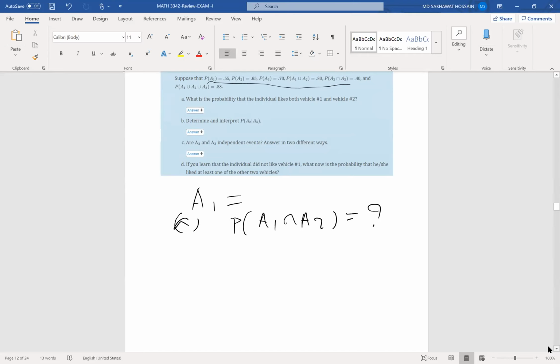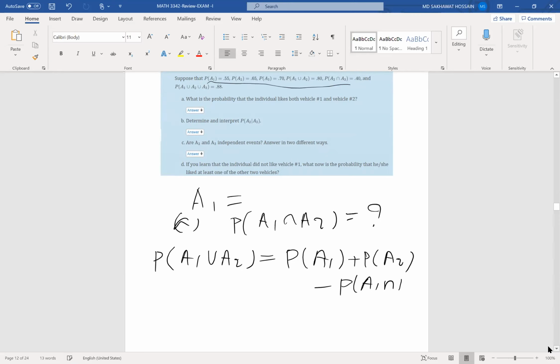One way is to use the formula for A1 union A2. The probability of A1 union A2 equals the probability of A1 plus the probability of A2 minus the probability of A1 intersection A2.